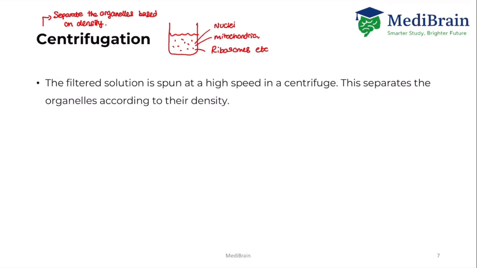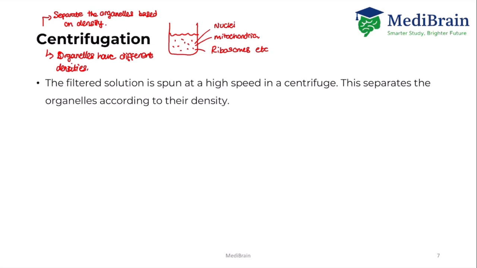That's why we use centrifugation. We know that it separates the organelles based on density, and that's why some organelles are heavier than others, some are lighter than others. So organelles have different densities.